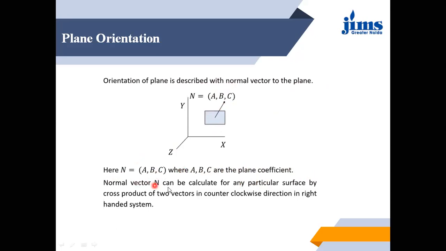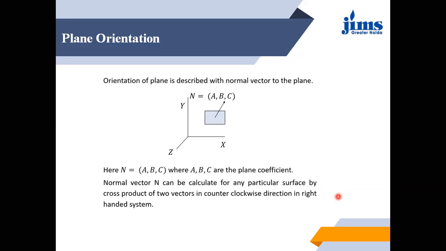Normal vector n can be calculated for any particular surface by the cross product of two vectors in counterclockwise direction in a right-handed system. As we discussed, there are two different ways to represent a three-dimensional vector.